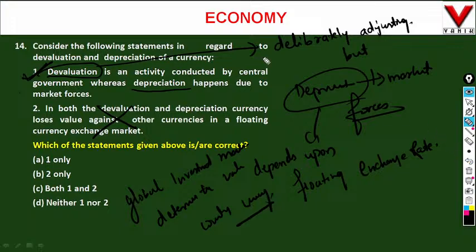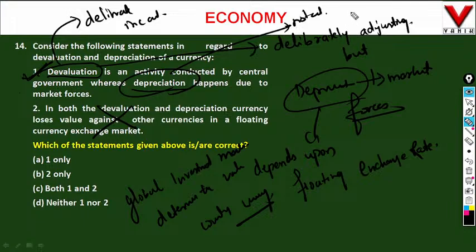To easily remember, devaluation is deliberate, it is in the control of the government, but depreciation is not controlled, rather it is driven by market forces. External trade will make sure whether your currency gets appreciated or depreciated.